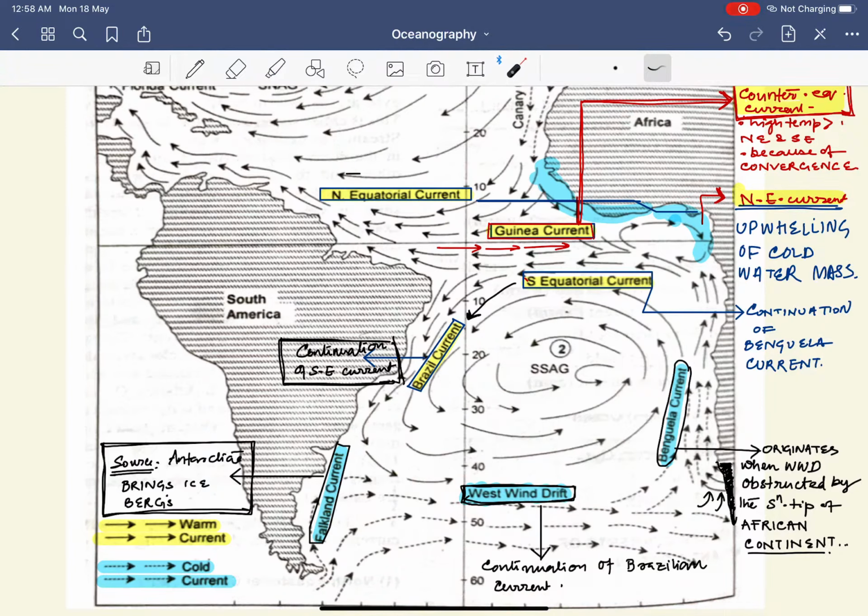Whenever there is a land barrier, like you can see over here, a counter current flows, and this current is the Benguela current. As written, it originates when the west wind drift obstructs the southern tip of the African continent. I hope this diagram is clear.